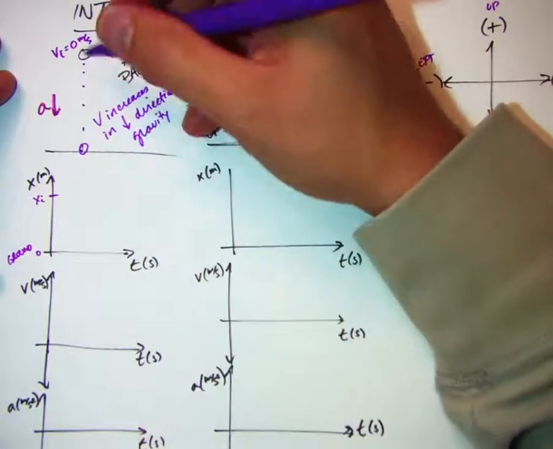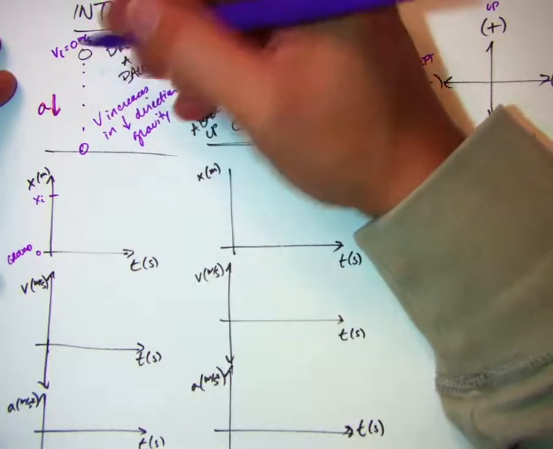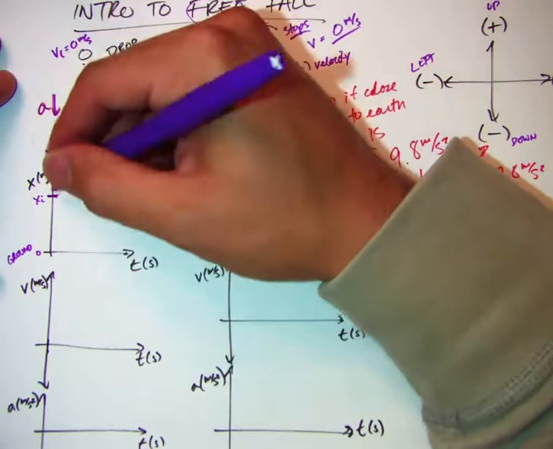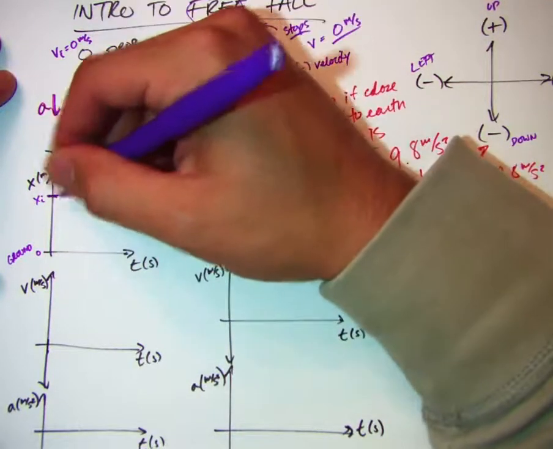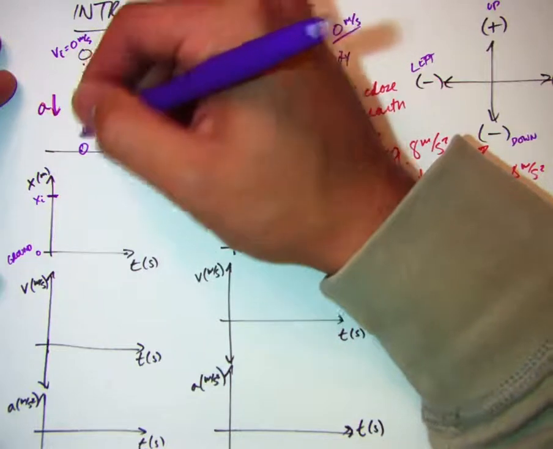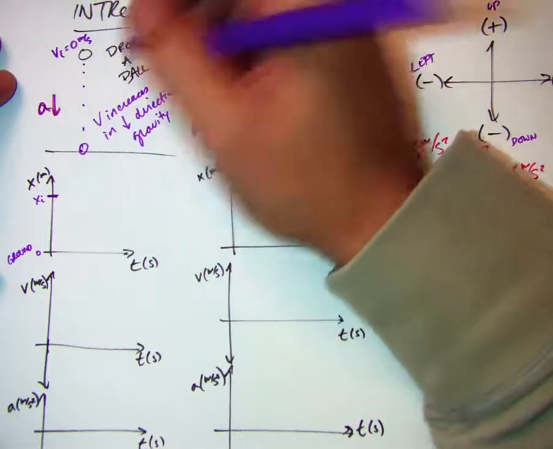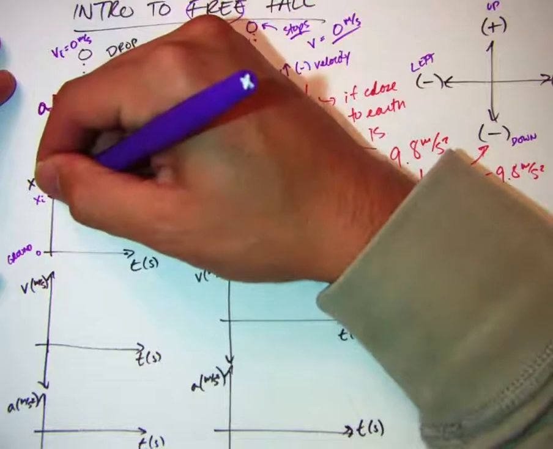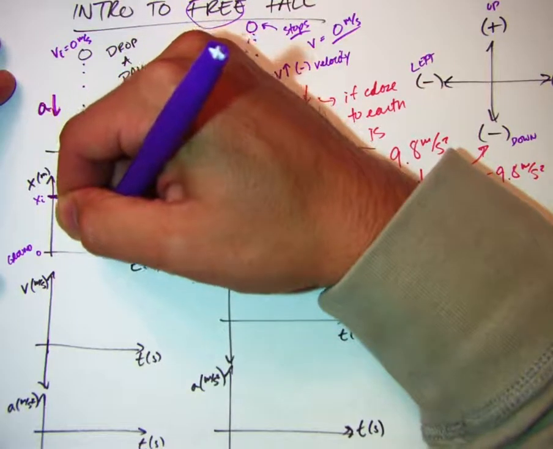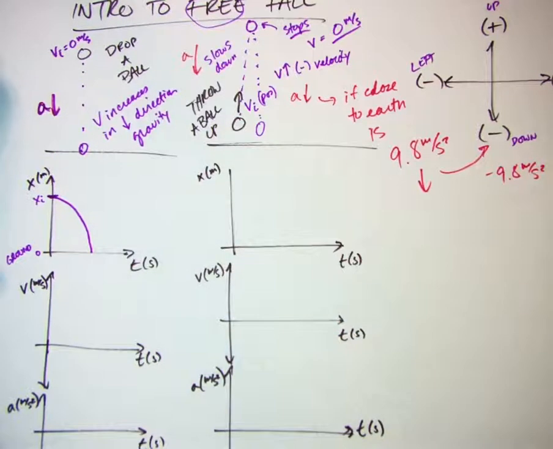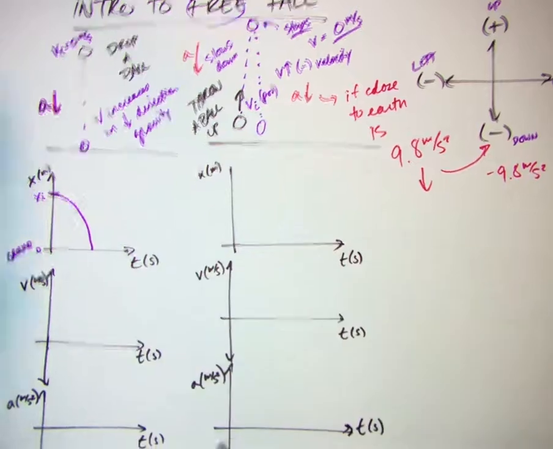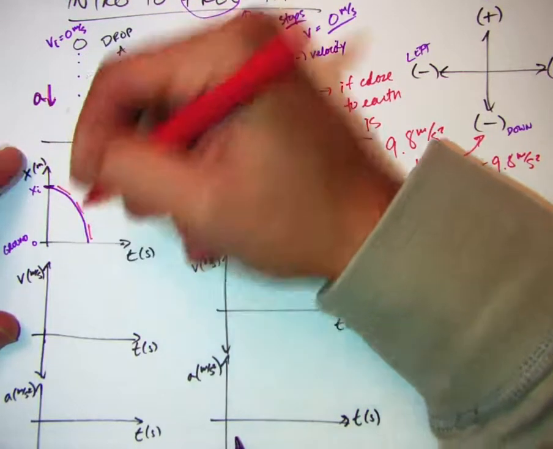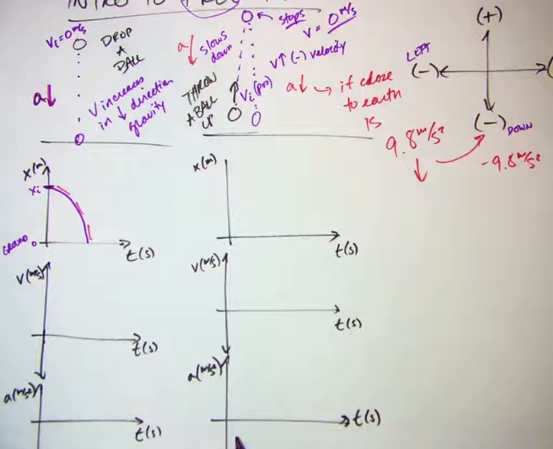It's going to start initially at rest, so it has to have an initial flat slope, because remember, the slope of this is the velocity. And as it falls, it accelerates due to gravity, so it's going to be increasing in the downward direction. So over time, my position-time graph would look like this, where I have the velocity increasing in the downward direction.